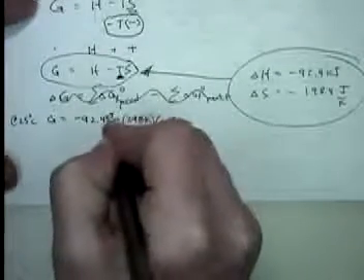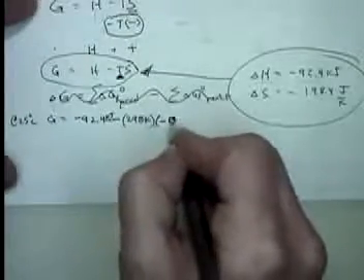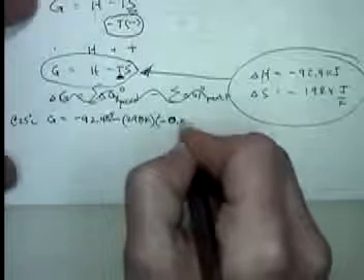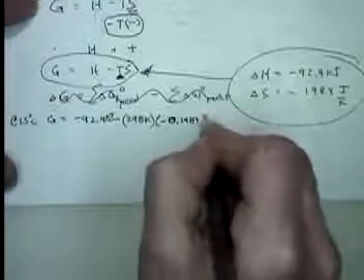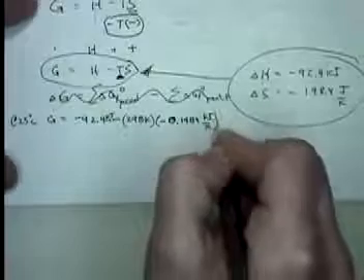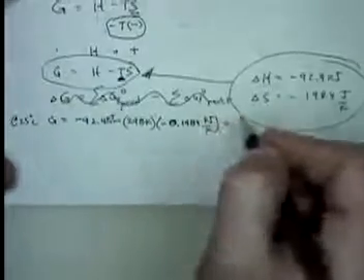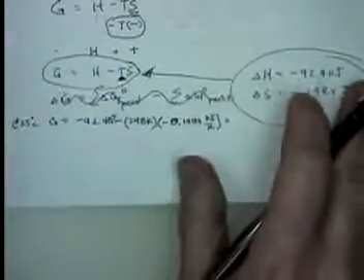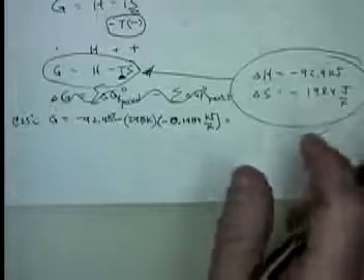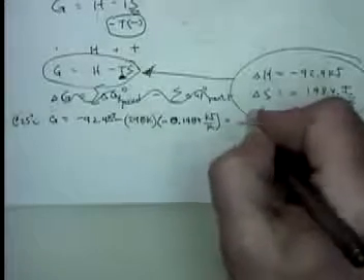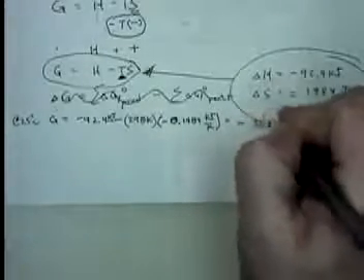Notice this is in joules per Kelvin, and this is in kilojoules. So I'm just going to convert this to kilojoules per Kelvin by moving the decimal point. This is 0.1984 kilojoules per Kelvin.